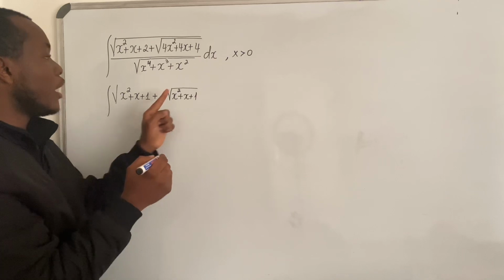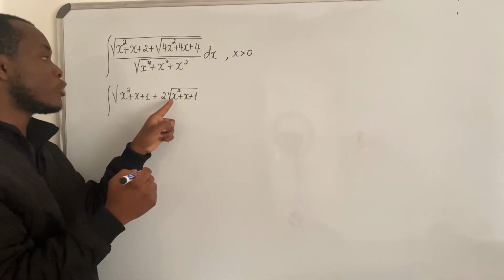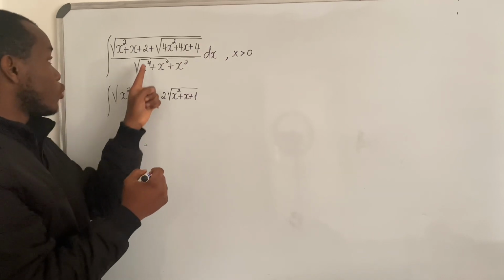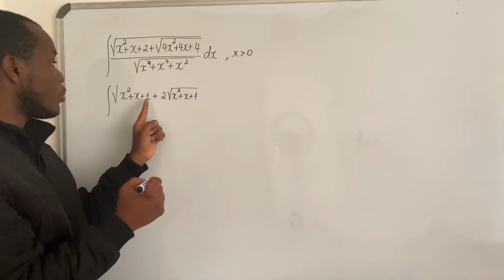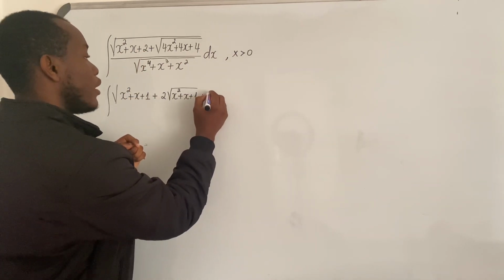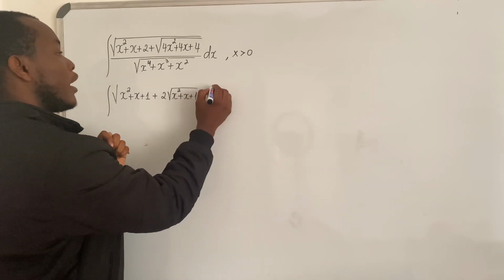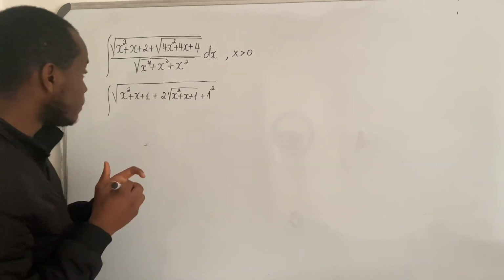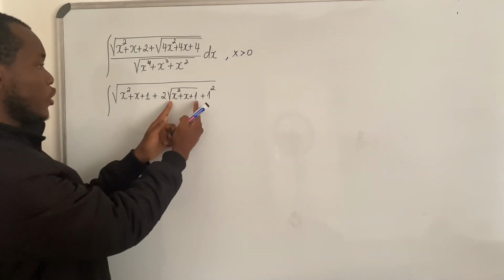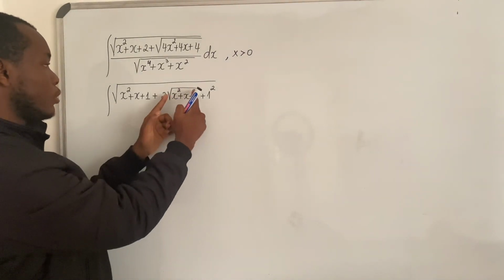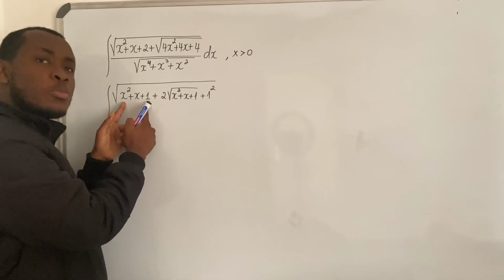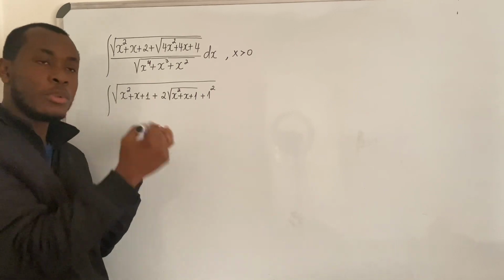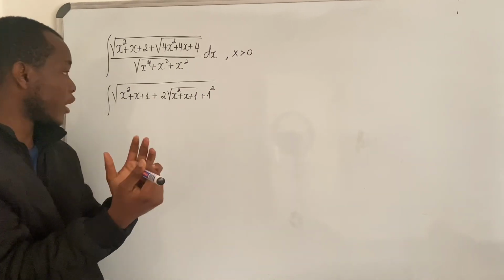Because if the 4 enters with the index 2, and 4 multiplies all the expression, it goes back here. So the one that I said can be written 1 plus 1, I can put 1 here. So putting 1 there, I can call this 1 squared. Why 1 squared? Because this expression inside the square root is the same as the outer expression. So even if I put the square root of it and put it all to the power 2, it cancels back.